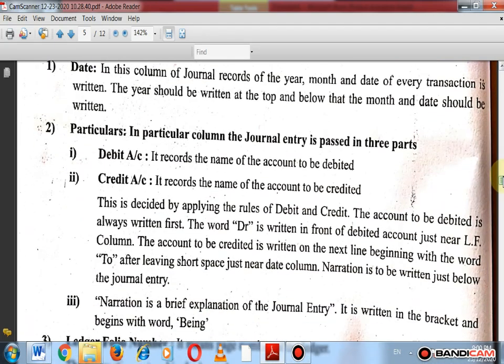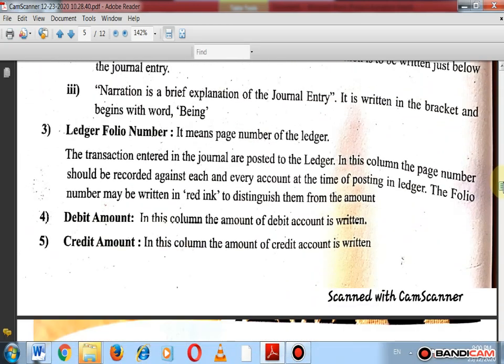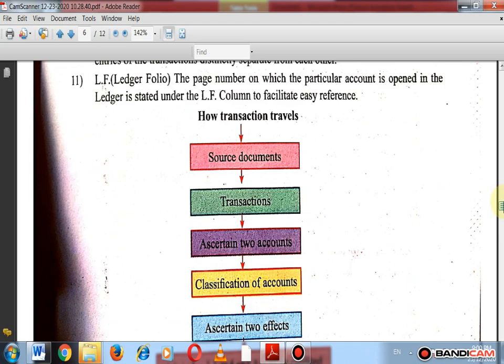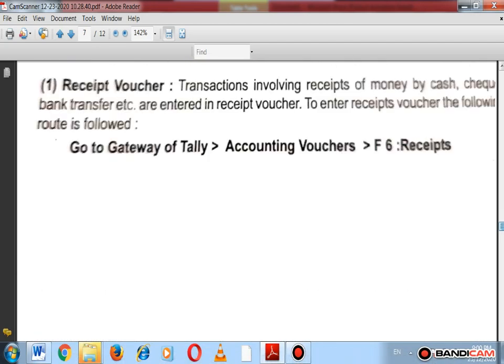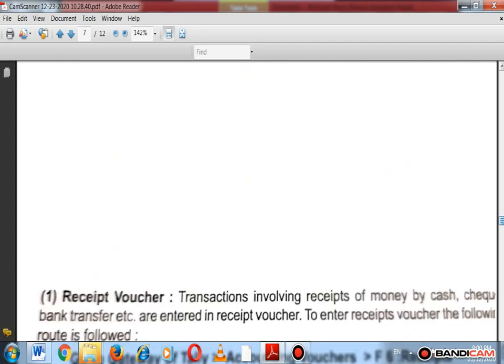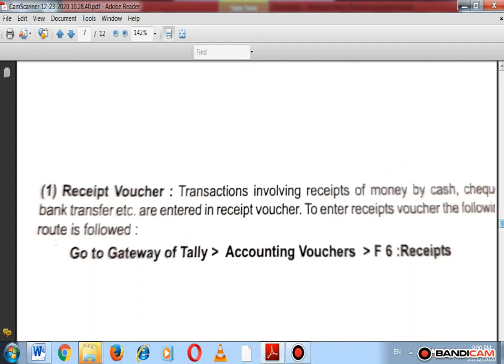Then debit account, credit account. So read it, then the source document.